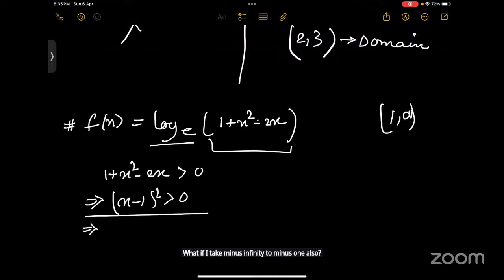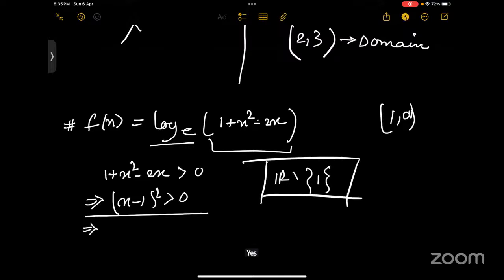It doesn't matter because it gets squared anyway. Correct. So the union of these things. That means real line minus the point 1, right? Yes, this is the domain, right?